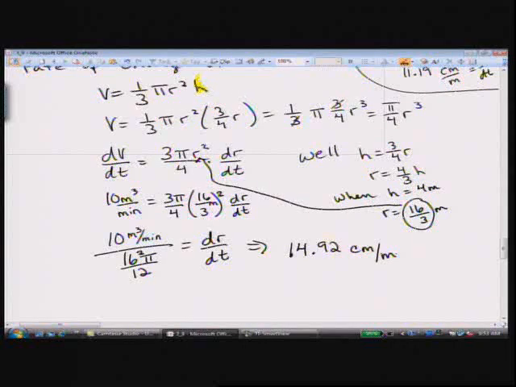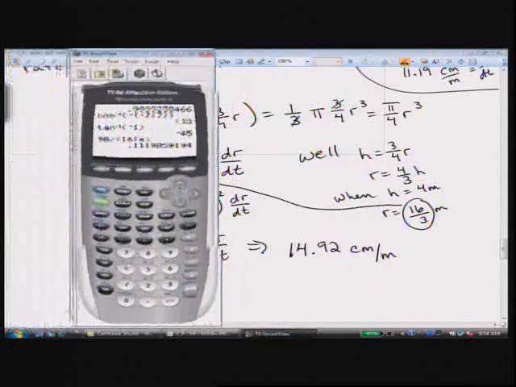Where did you get the 12? Pardon? Is the denominator also squared? Right, okay, so this is 16 squared and this is 3 squared. So I went ahead and canceled this 3 with one of these 3s. And then I did 3 times 4, which is 12. I was just trying to clean it up. And then if you're going to type that into your calculator, you have to type this whole thing in like this. I'll show it to you.